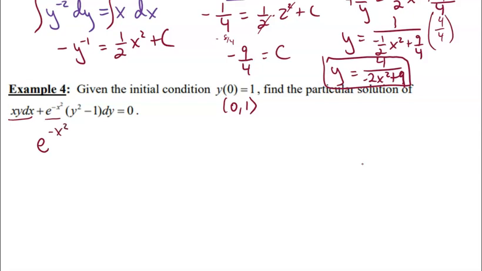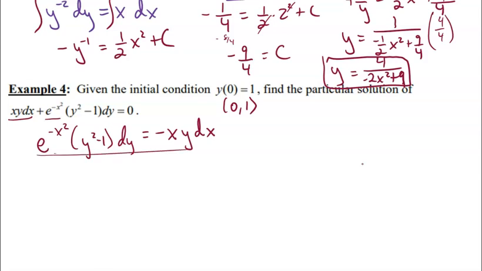I'll have e to the negative x squared times y squared minus 1 dy equals negative xy dx. And then I'm going to divide both sides by this. I'm also going to divide by y because I want to get that back to the other side.